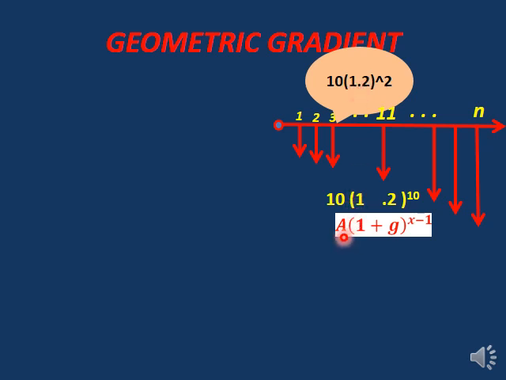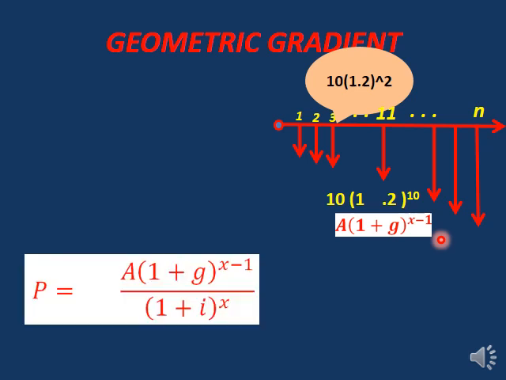So our formula here is A times (1 plus or minus G) raised to the power of x minus 1. Now, to compute the present worth of this quantity, we divide it by the present worth factor of the single payment, and this is that quantity.